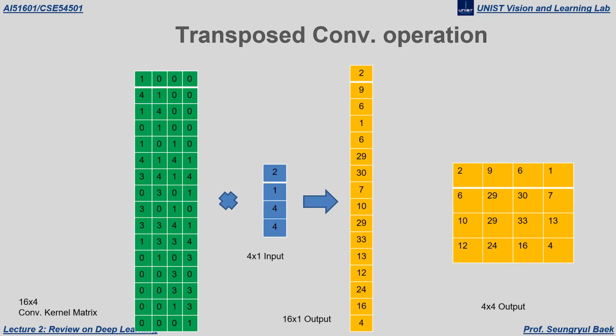By rearranging this 1D signal into the 2D square dimension, we get the transposed convolutional output. So this is why transposed convolution enlarges the input image, and at the same time, why it is named transposed convolution operation.